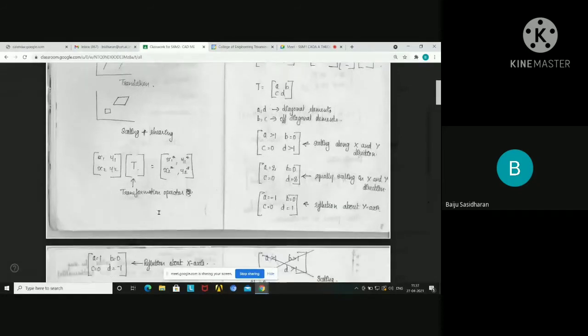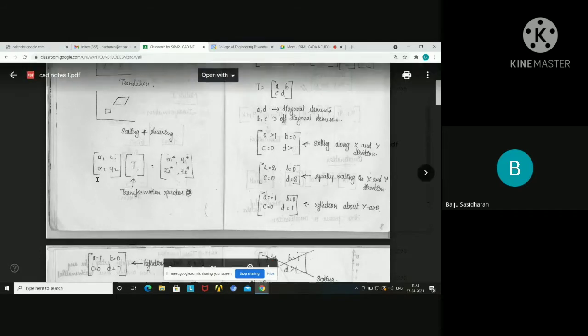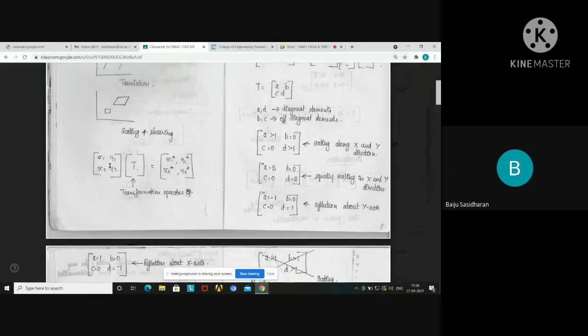Anyway, the net effect is we have some initial coordinates x1, y1, x2, y2, x3, y3, x4, y4, whatever they may be, and these should be manipulated with another matrix in order to get the final transformed coordinates. This matrix is known as the transformation operator. To the initial coordinates, we apply another matrix in order to find the final coordinates of the transformed object.